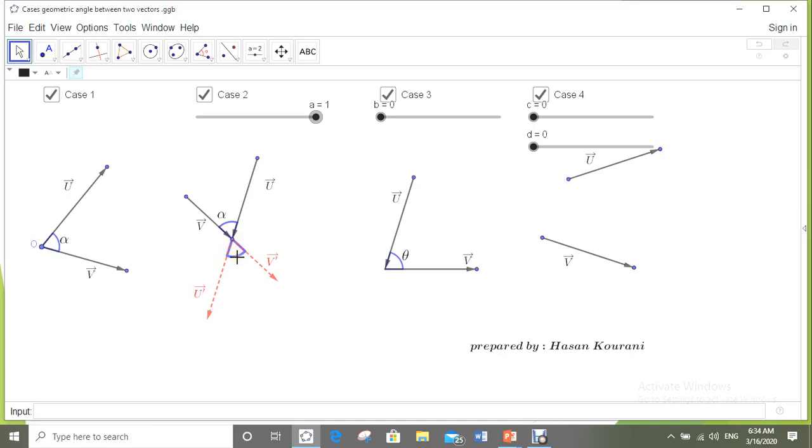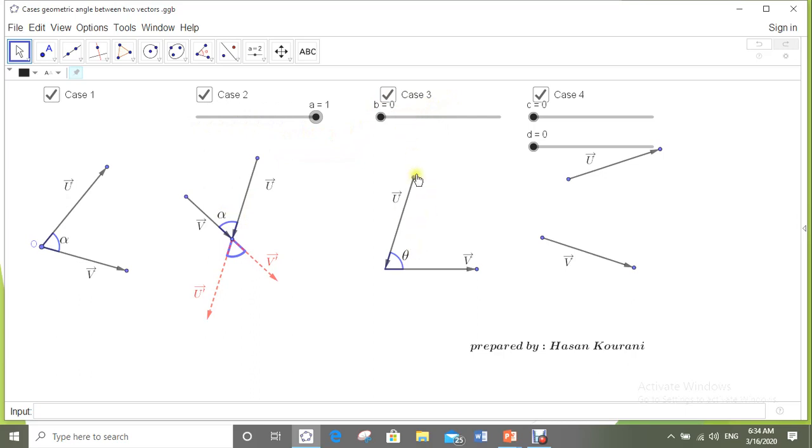And you can easily notice that this angle is equal to that by the vertically opposite angles property. Thus, the geometric angle between u and v, even if they have the same extremity, is also this angle, which is alpha. Okay, let's see the next case.